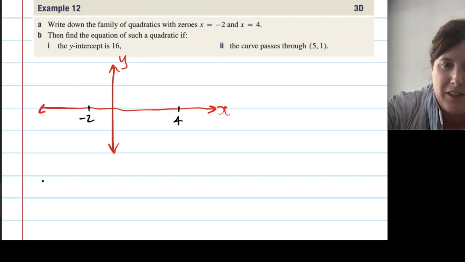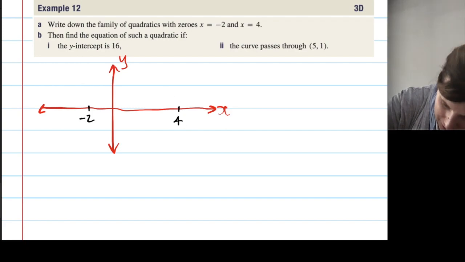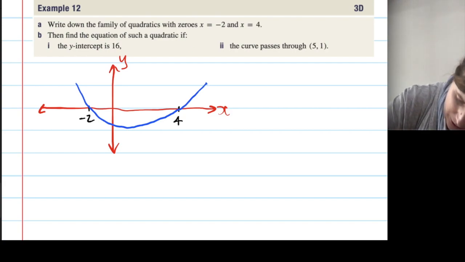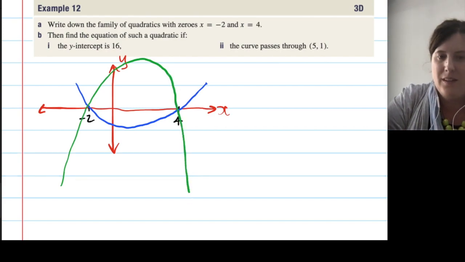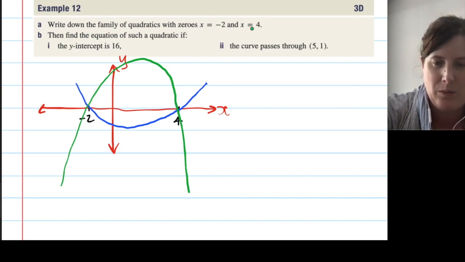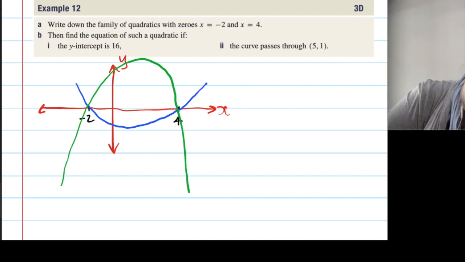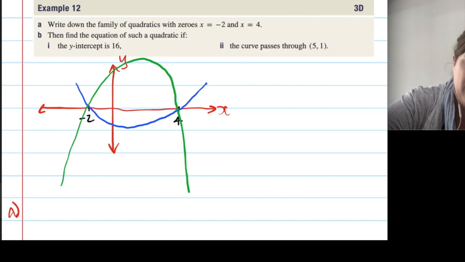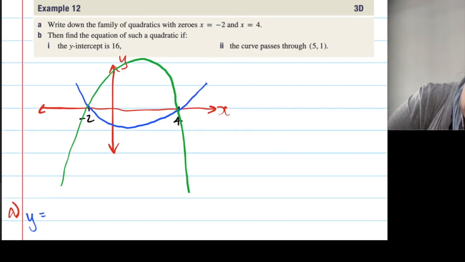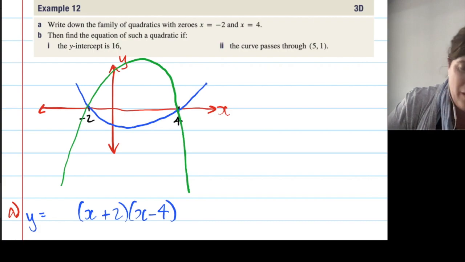I don't even know if it goes up or if it goes down. It could look like this, or it could look like this. It could be anything like this. So when they say write down the family of quadratics with those zeros, if I do example A, all I know is that I'm going to have y equals, in the brackets, x plus 2, x take 4, but I really don't know how steep it is.